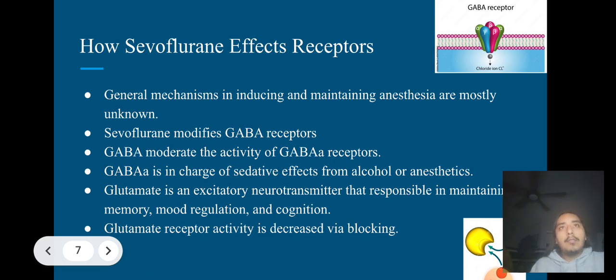In the case of sevoflurane, its effects on inducing and maintaining anesthesia are generally unknown, but research suggests that there are at least 4 main ways. One of them is preventing the release of neurotransmitters from the synaptic cell, stopping the signal altogether.